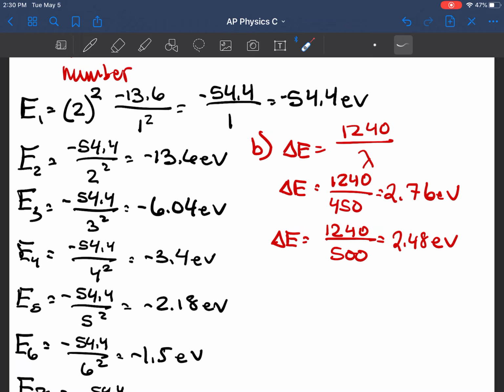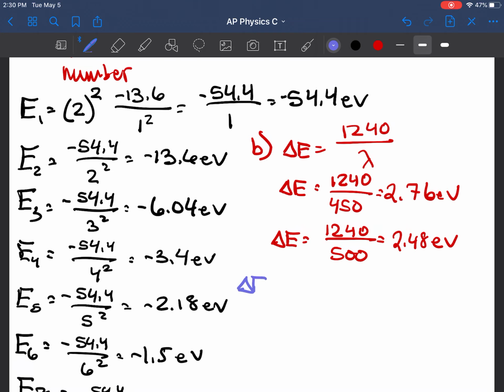So we need to find something that's falling between 2.5 and 2.7. So 3 to 2, no, doesn't look good. 3 to 4, that might be close. Let's do it. So 6.04 minus 3.4, 2.64.